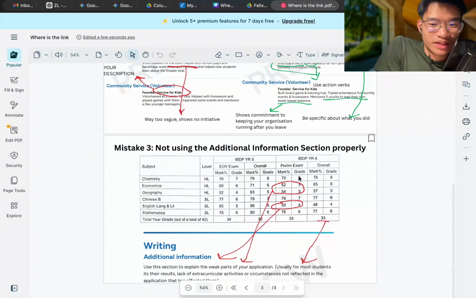So you have to try and defend your case, and at least help the admissions officer defend you by providing them with the information in the additional information section. Use this section to explain the weak parts of your application. Usually for most students, it's their results, perhaps the lack of extracurricular activities, or circumstances not reflected in the application that have affected them.